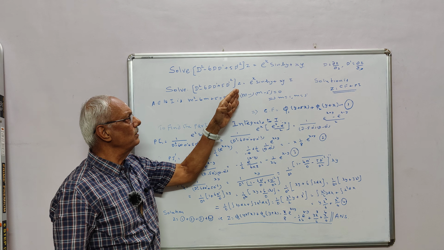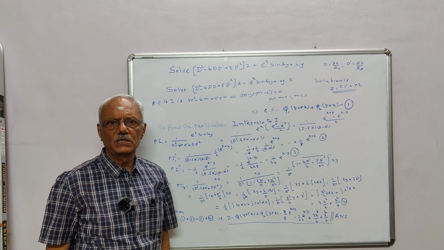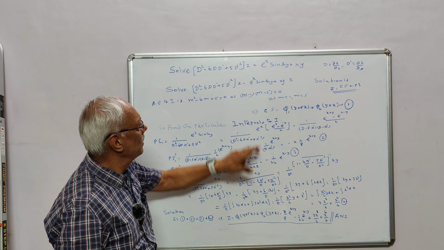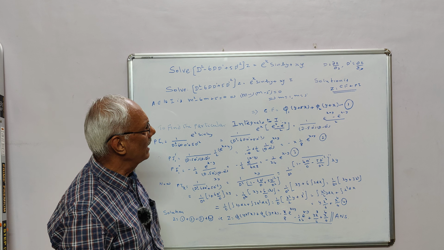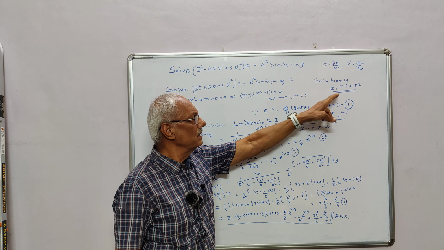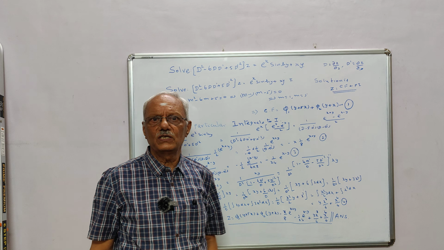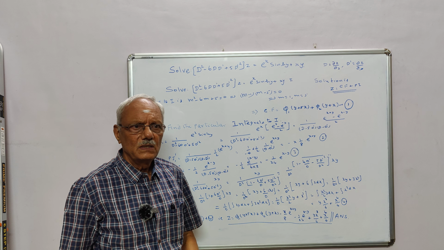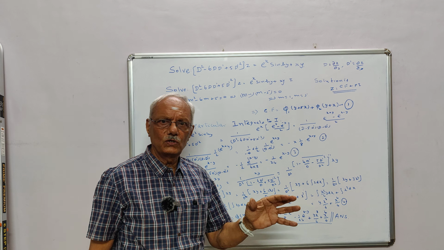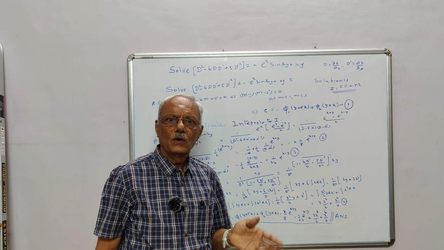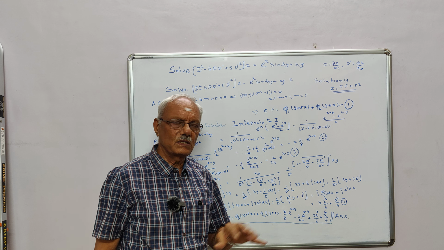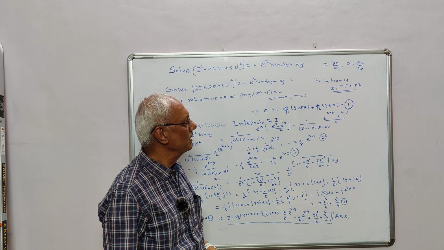Now we have to solve this partial differential equation for z, and I have written here that the solution to a partial differential equation follows the same methodology as an ordinary differential equation with some difference here and there.